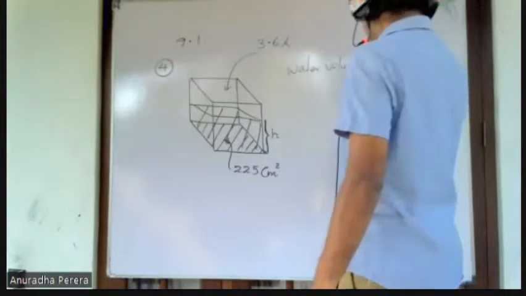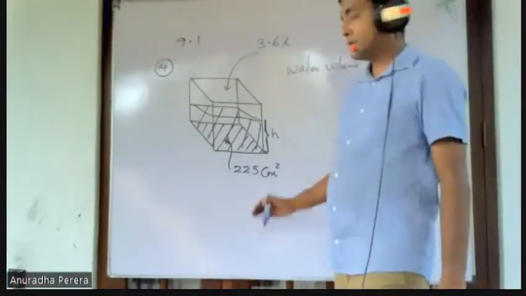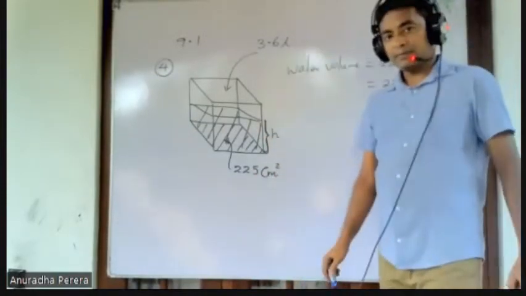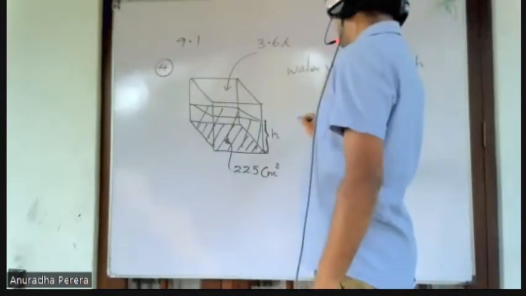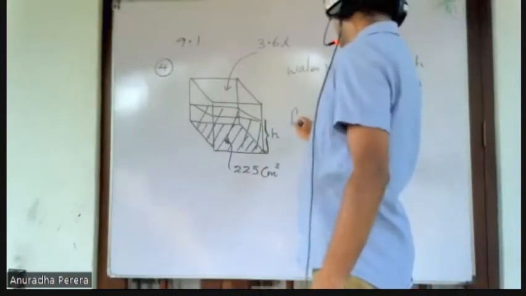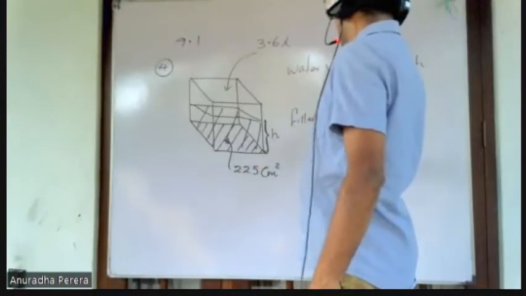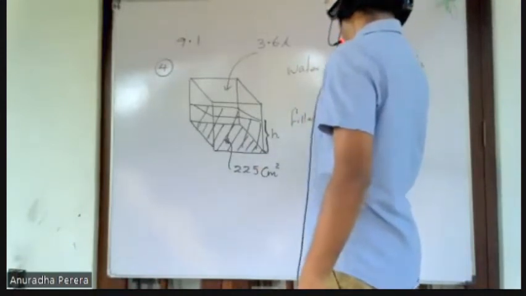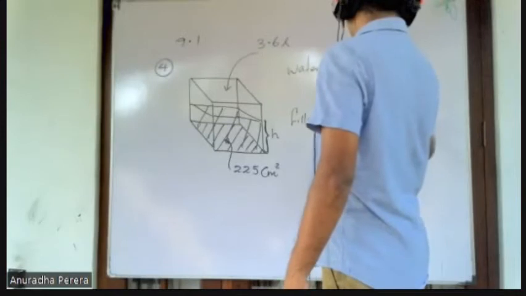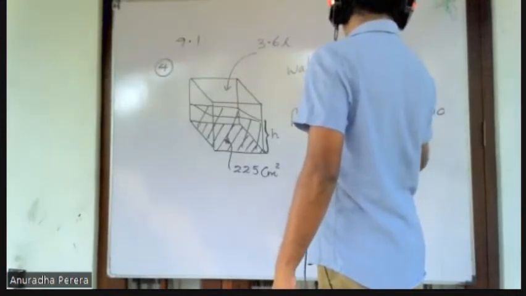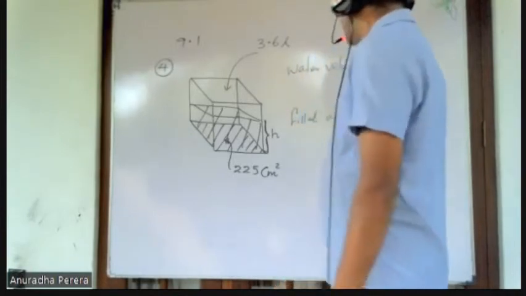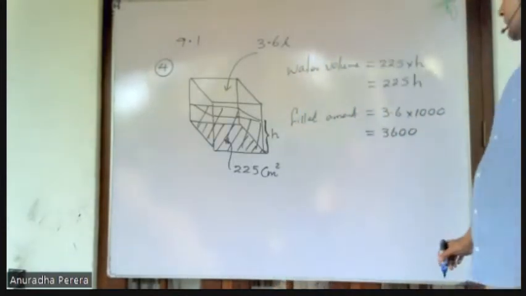We can represent it in terms of H, and we know the filled amount, 3.6 liters. This 3.6 liters has to be multiplied by 1000. It is 3600 cubic centimeters.